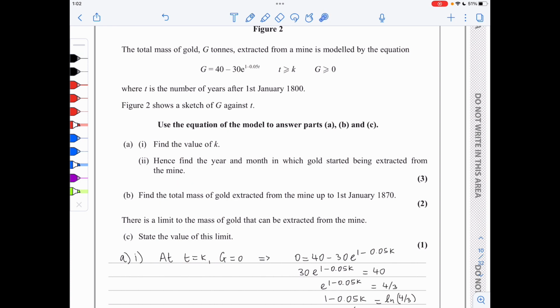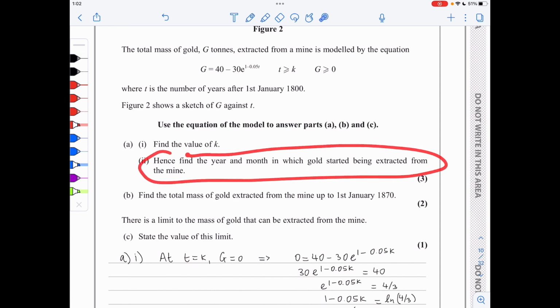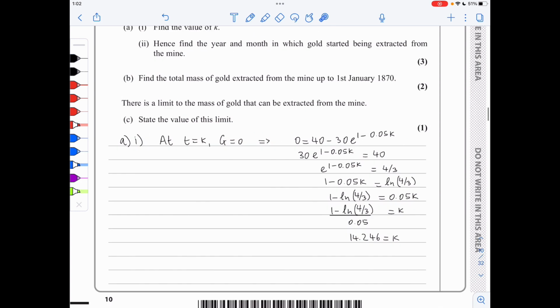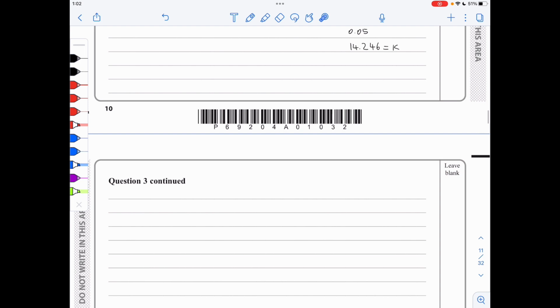In part II, it says, hence find the year and the month in which the gold started being extracted from the mine. So we have k to be 14.246, that's the initial time.